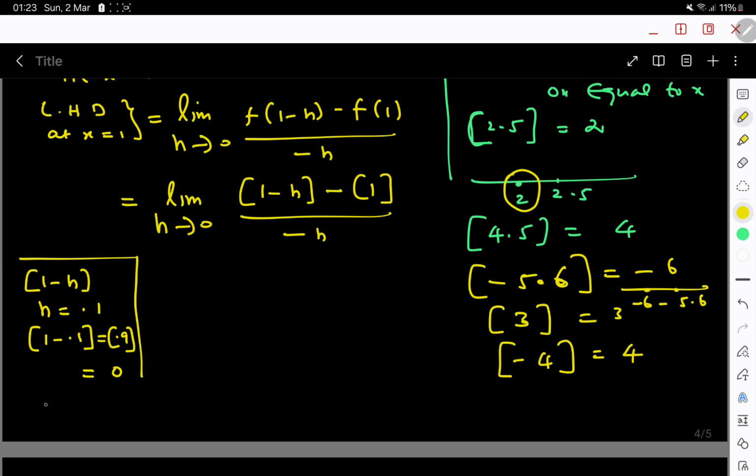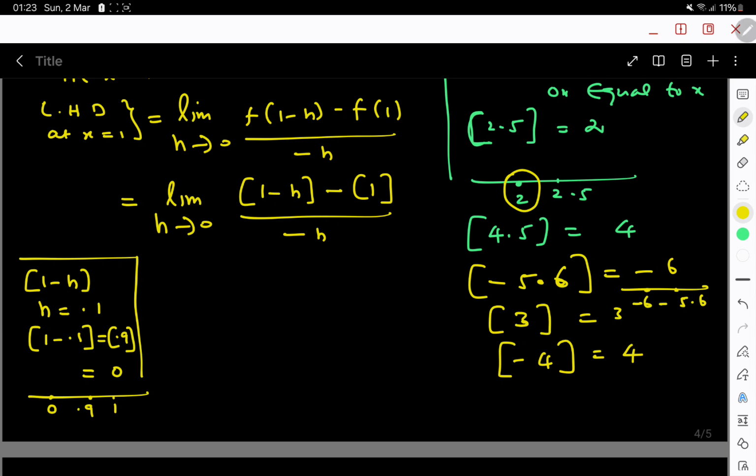I am drawing a number line here, this is 0.9, this is 1, and this point is 0. So before 0.9, what is the greatest integer? 0. After 0 we get minus 1, minus 2, etc. So the greatest integer less than or equal to 0.9 is 0. Similarly, I am taking h is equal to 0.01, again we get the greatest integer value as 0.